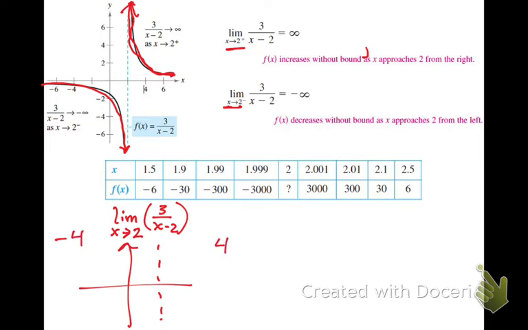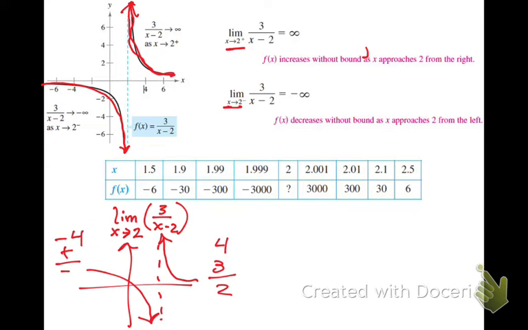If I put negative 4 in here, I get a positive over a negative, so we know it's going where? Down. And if I put 4, I'd have 3 over 2, so I know it's going what? Up.